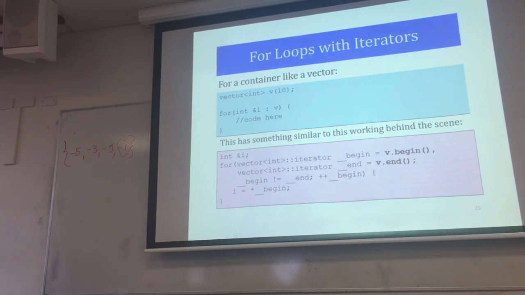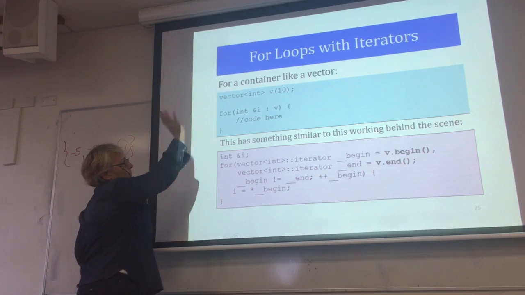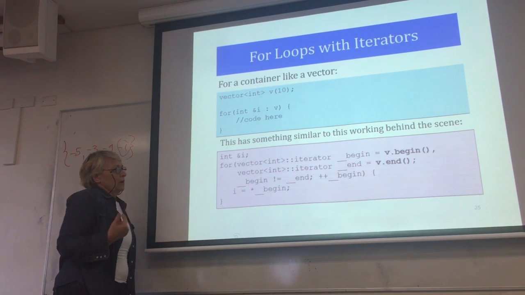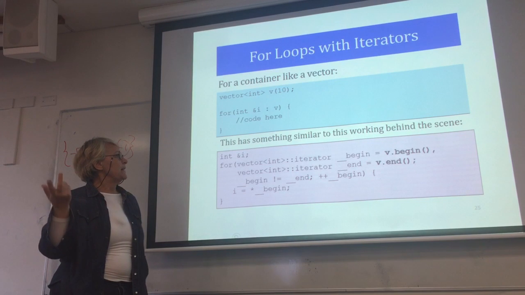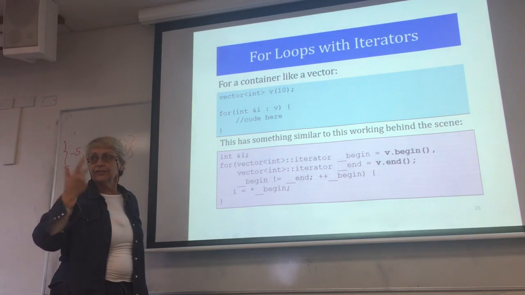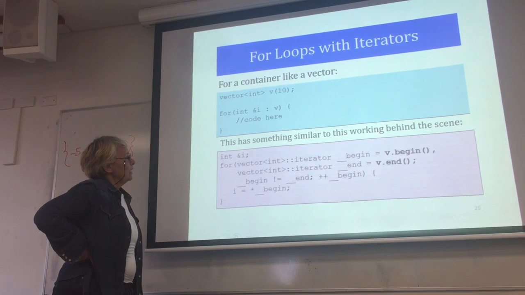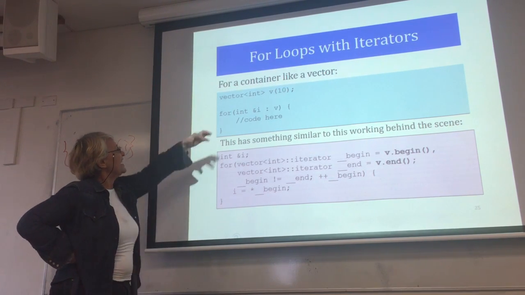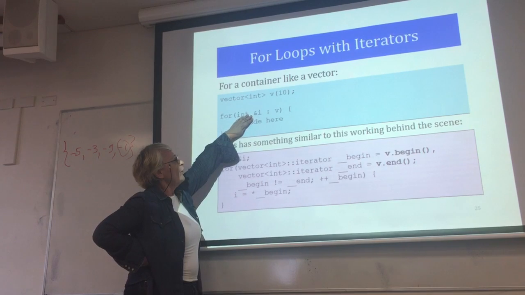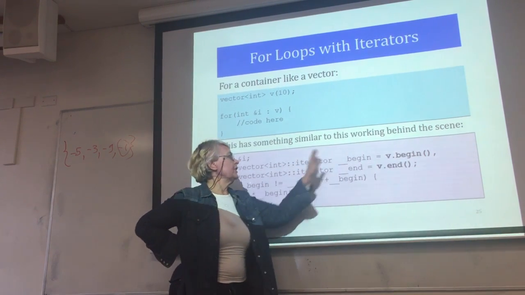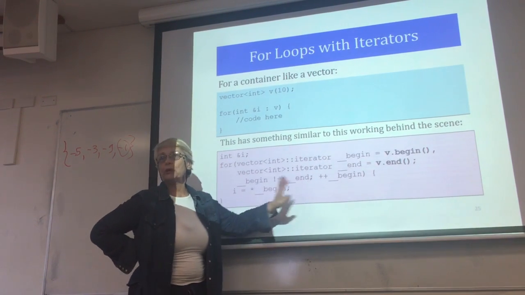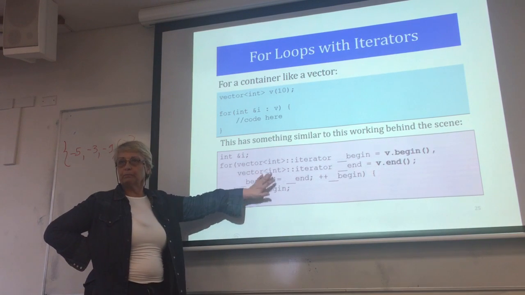Now, the same code applies for vectors and for double-ended queue, as I said, and for lists somewhere. You can use it. Now, you can think that behind this type of for loop is something like this iterator. This is not proper code.